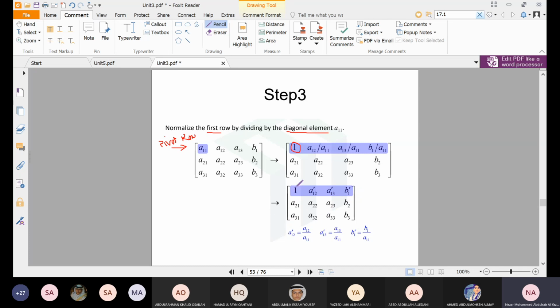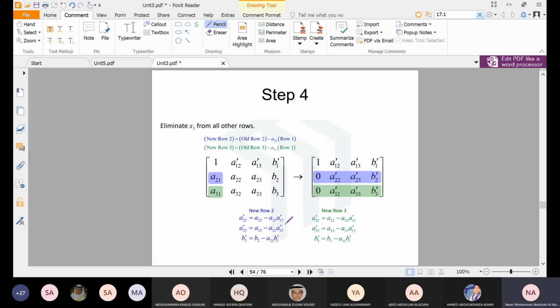The second step, after we normalize this one, we need to use elimination now on x1. I need to eliminate these two below it, to make these zeros. So now the second step, eliminate x1 from the other rows. This is 1, so I need to eliminate x1 here and x1 here.